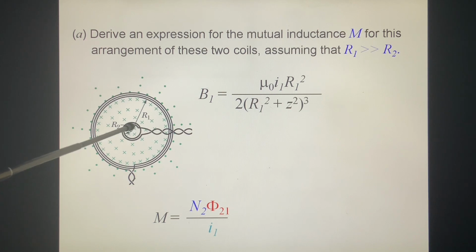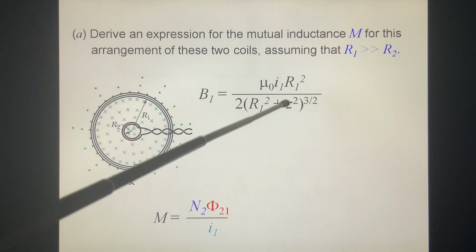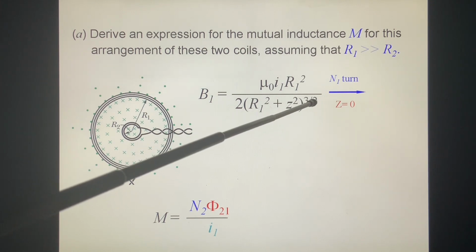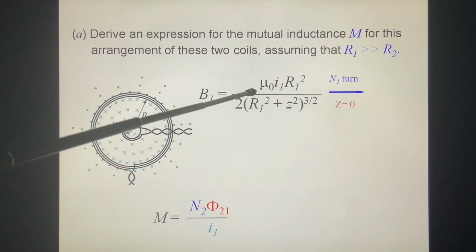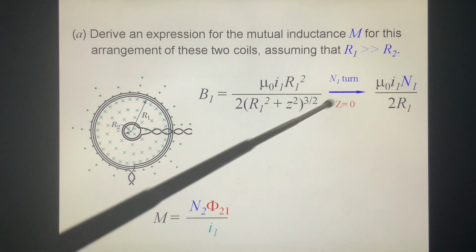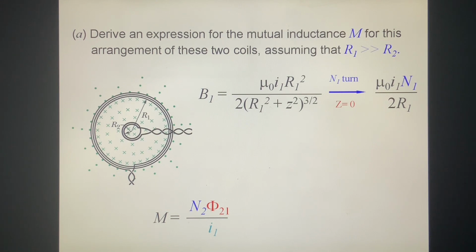We learned this one: this is the field at the center of a circle, with z equal to 0 because we are just on that surface. Then you get B1 equal to mu0 I1 N1 over 2 R1. You have N2 as well. Suppose the field is uniform.